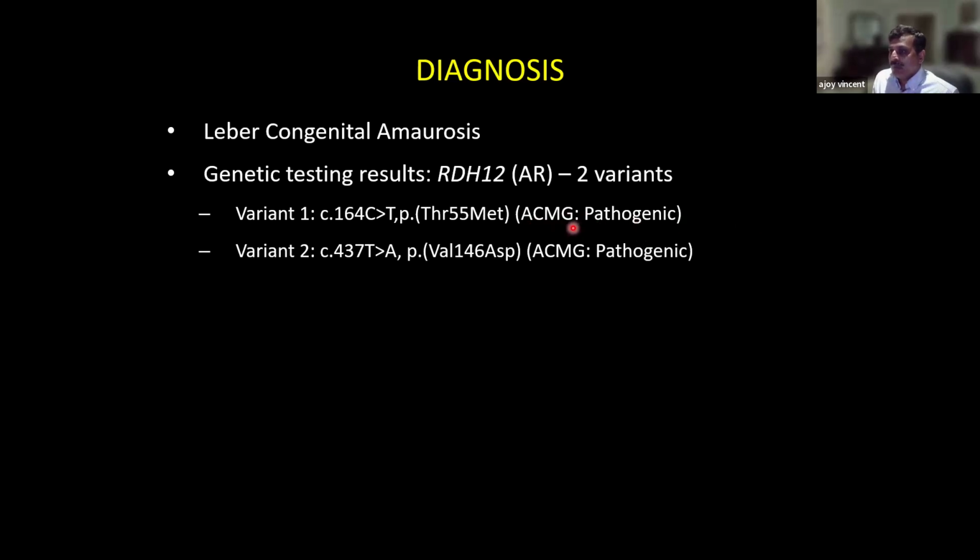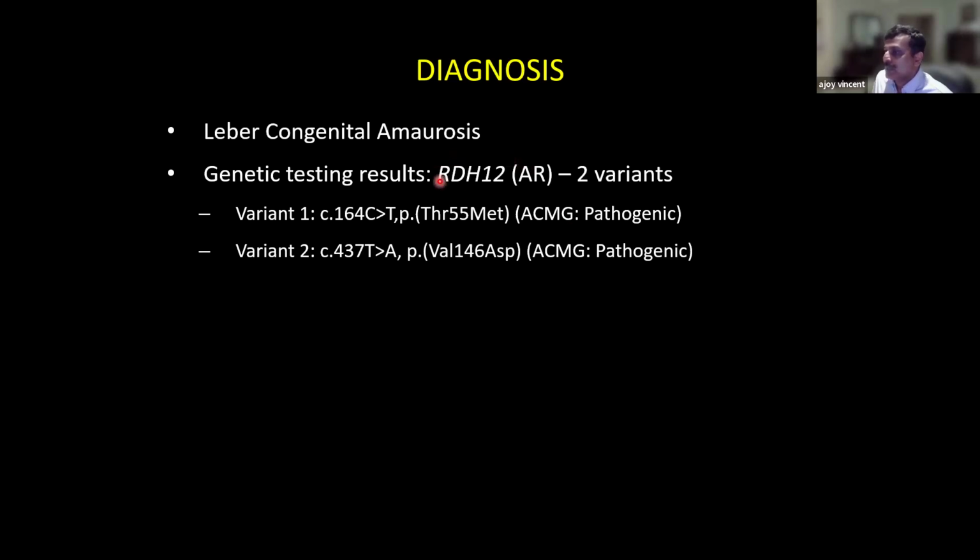So variants are classified into benign, likely benign, VUS or variant of uncertain significance, likely pathogenic, and pathogenic. So the last two categories, likely pathogenic and pathogenic, are, from a genetic standpoint, the only two classes which can be interpreted with significance in a clinical setting.